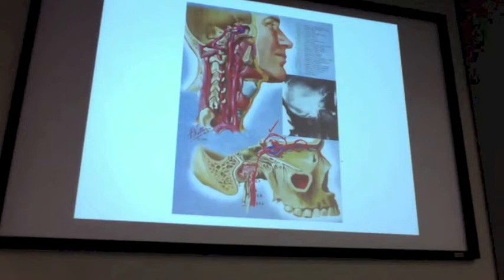If I have a plaque in my carotid artery, the very first place that an embolus, a blood clot, can travel in my head is to my eye via the internal carotid ophthalmic artery connection there.